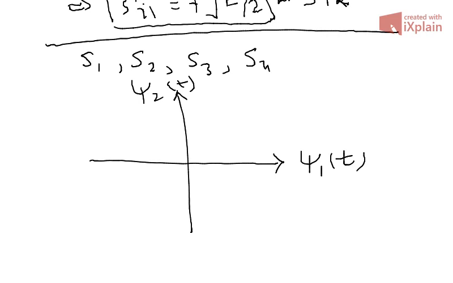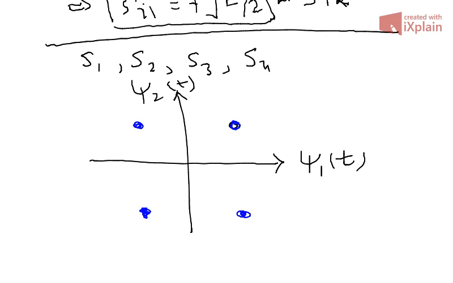As we have just seen, our first point is here, which is S1. Similarly S2 is this one, S3 is here, and the S4 signal point is in the fourth quadrant. So for the QPSK signaling scheme, we have these 4 points, and this is known as the signal constellation.